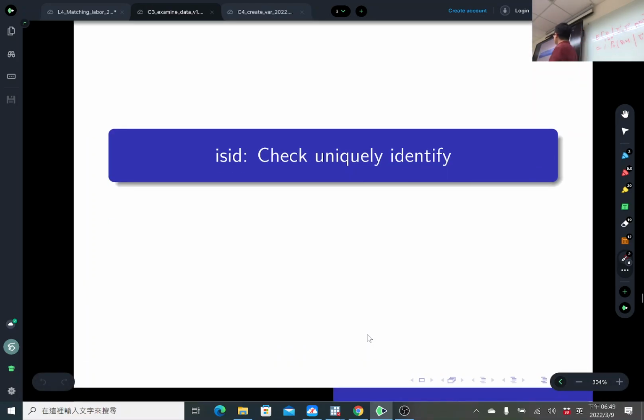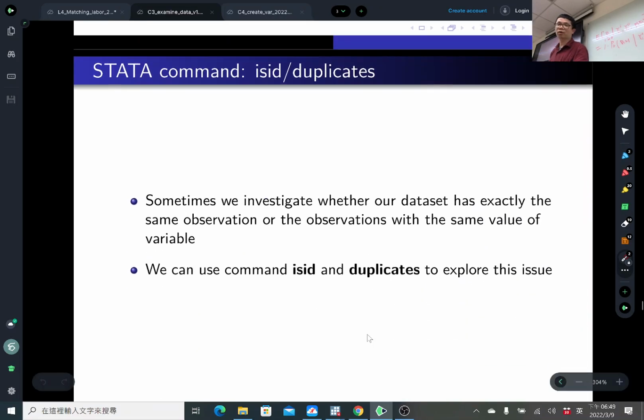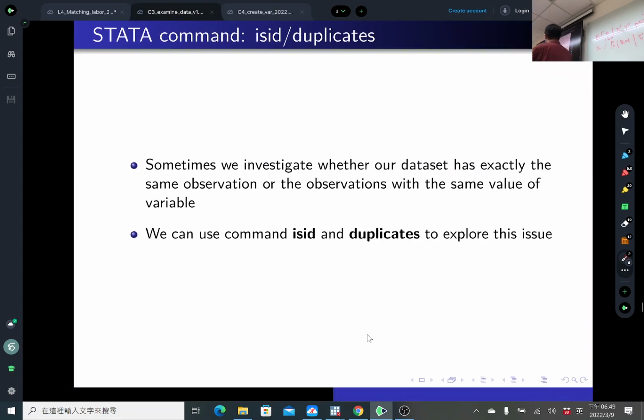Okay. Finally, I would like to introduce 2 important commands that can help you to check whether your observation can be uniquely identified by a specific variable. That's quite important because we don't want our data set to have exactly the same observations. What is exactly the same observation?